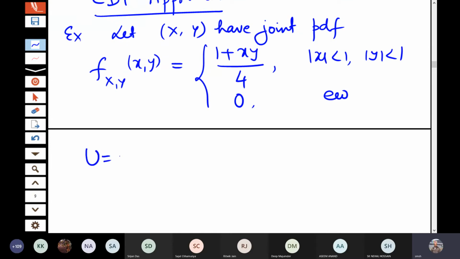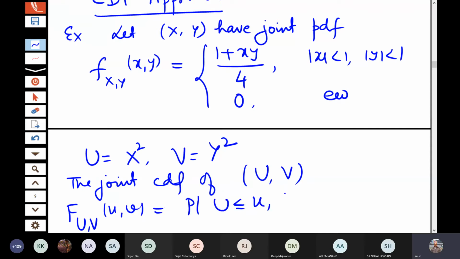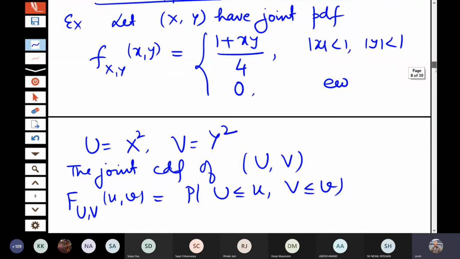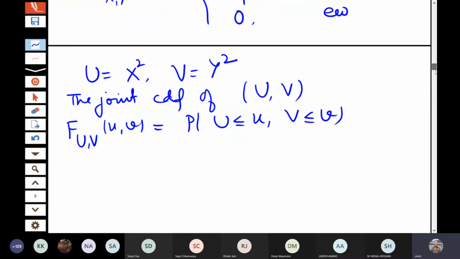So U is equal to X square, and let us take V equal to Y square. I calculate the joint CDF of U and V, the probability of U less than or equal to u, V less than or equal to v. Of course we will consider X and Y between -1 and 1 only, so U and V are between 0 and 1.